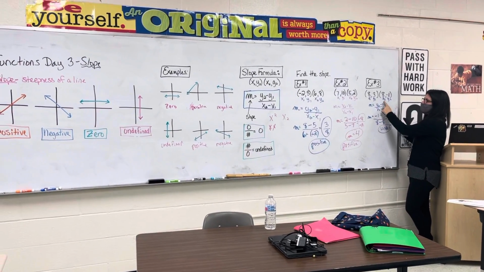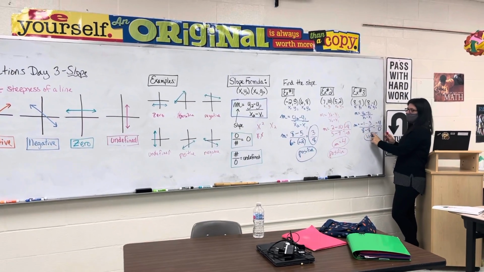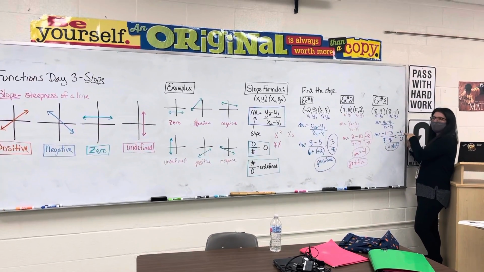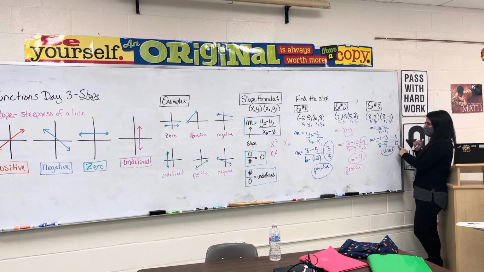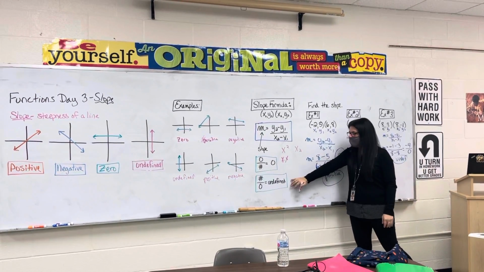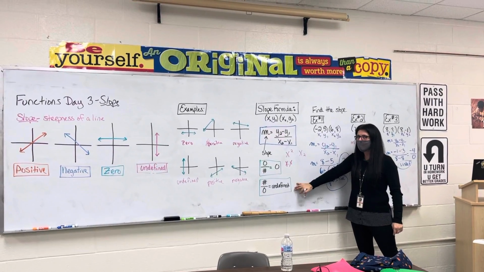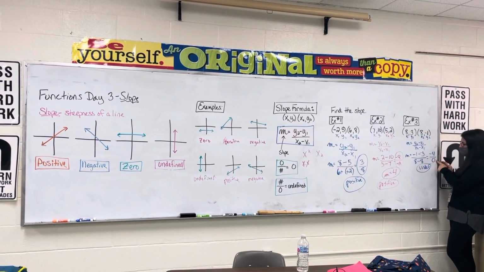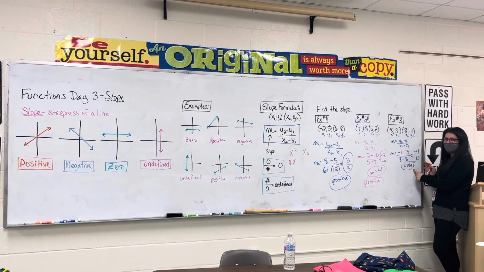And the bottom, x2 minus x1, 8 minus 8. So doing our keep change flip, this gives me -4 in the numerator. 8 minus 8 gives me 0 in the denominator. Remember a few minutes ago I explained that when you get 0 in the denominator, that means undefined. So this is a perfect example of that. 0's in the denominator, so there's an undefined slope.